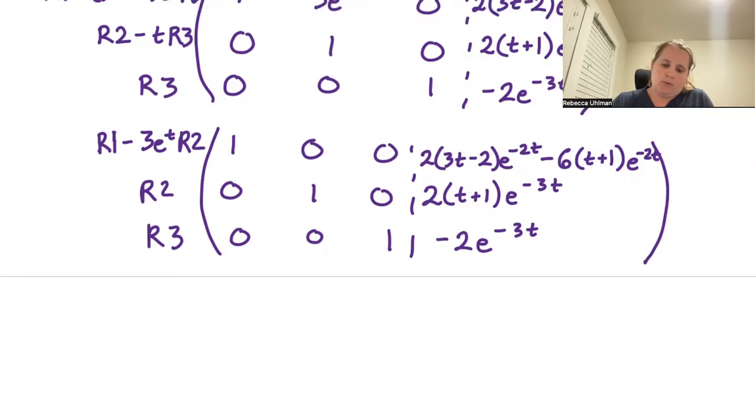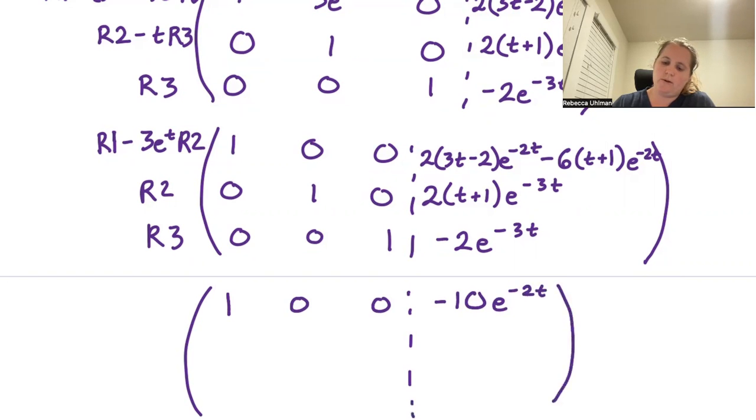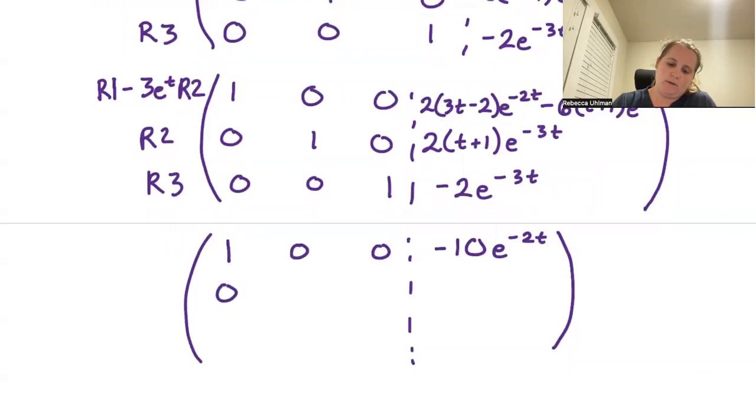All right, at this point, we just have 1, 0, 0, and then we'd have 6t minus 6t will cancel out. We have a negative 4 minus 6 becomes negative 10. So we have negative 10e to the negative 2t for the augmentation position in the first row. Then we have 0, 1, 0, and then 2 times (t plus 1) times e to the negative 3t.